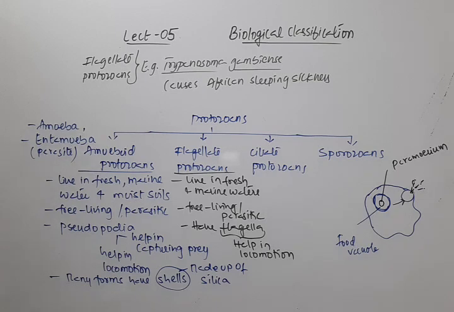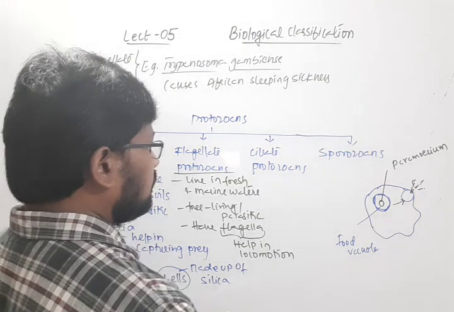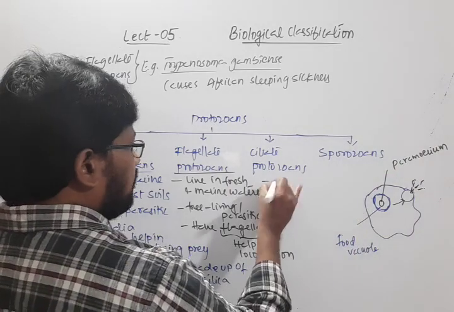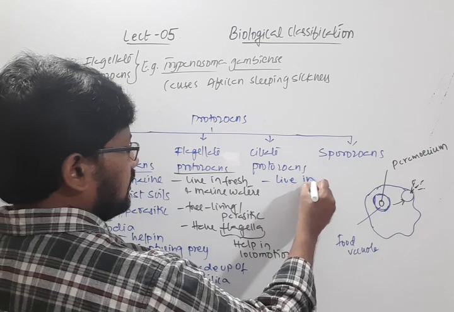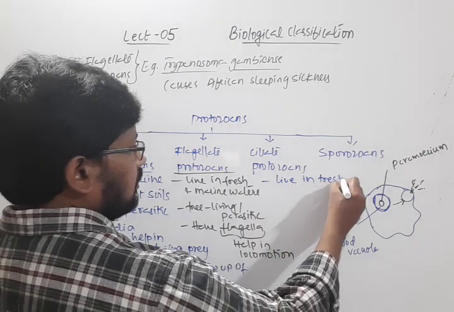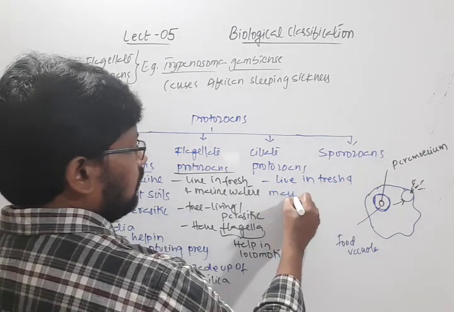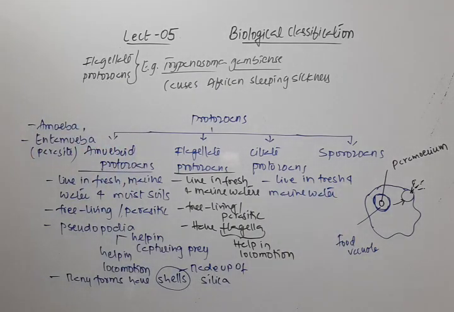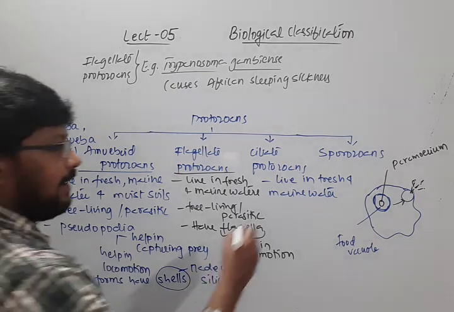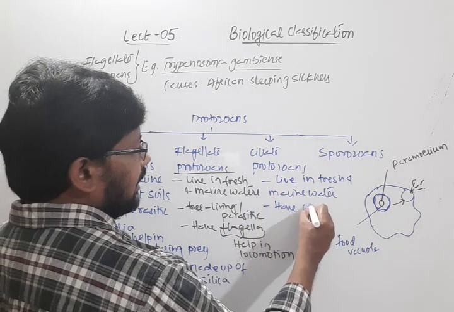Next, coming to ciliated protozoans. These ciliated protozoans also live in fresh and marine waters, and they have cilia.